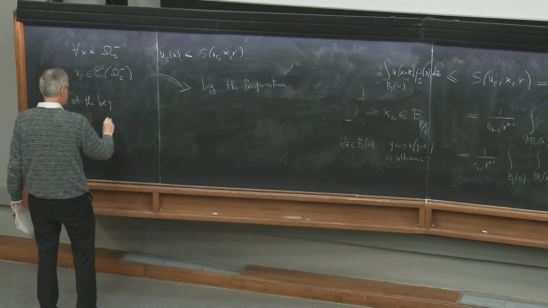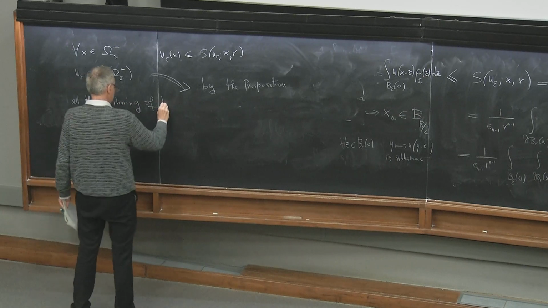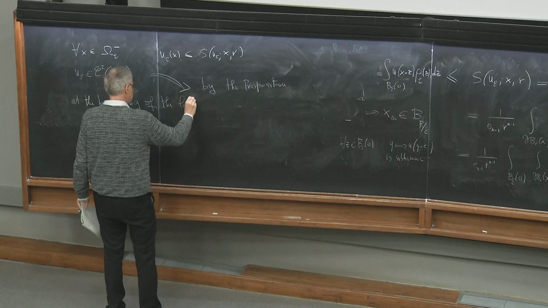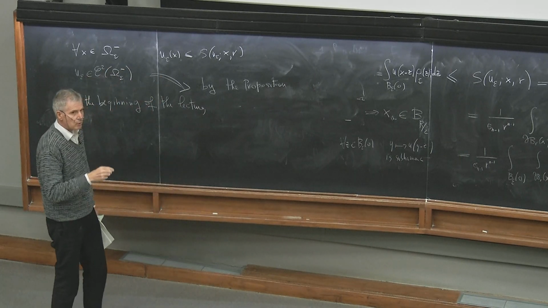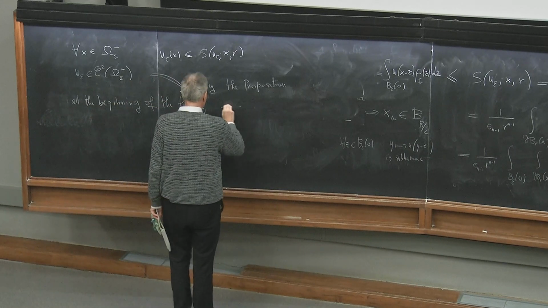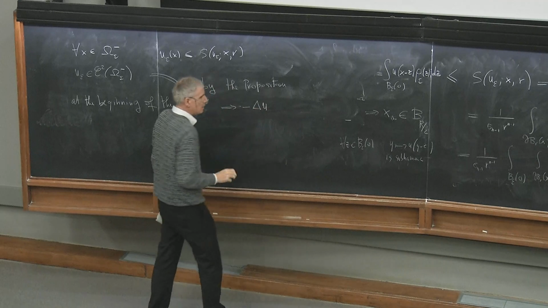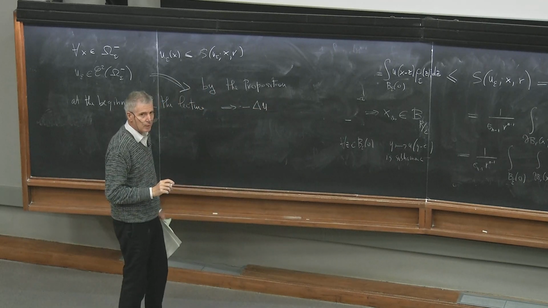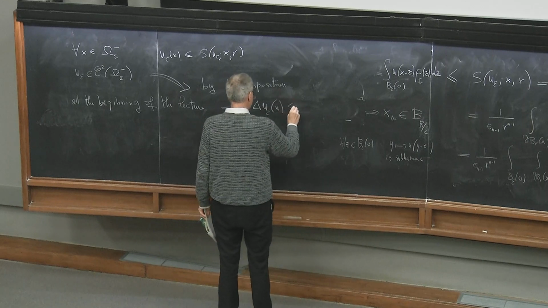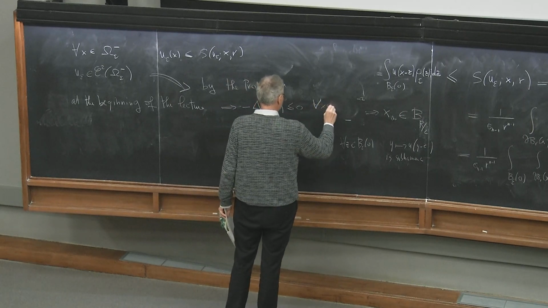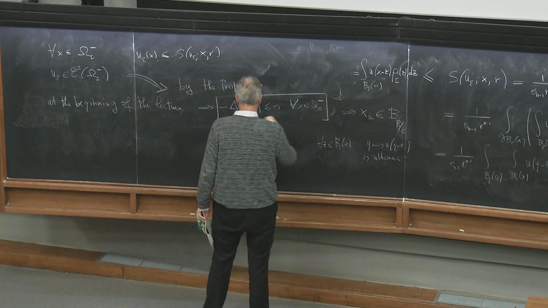Since we have smoothness, this is equivalent to saying that minus Laplacian of u epsilon, now this is smooth, it's a classical subharmonic function. Do you agree?